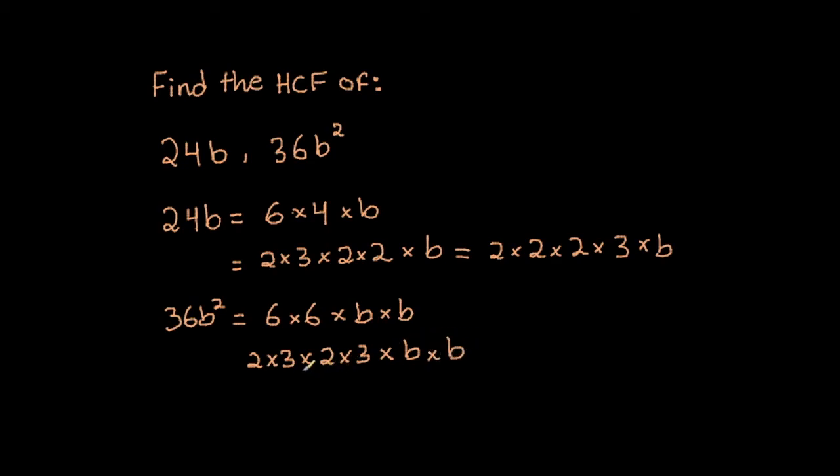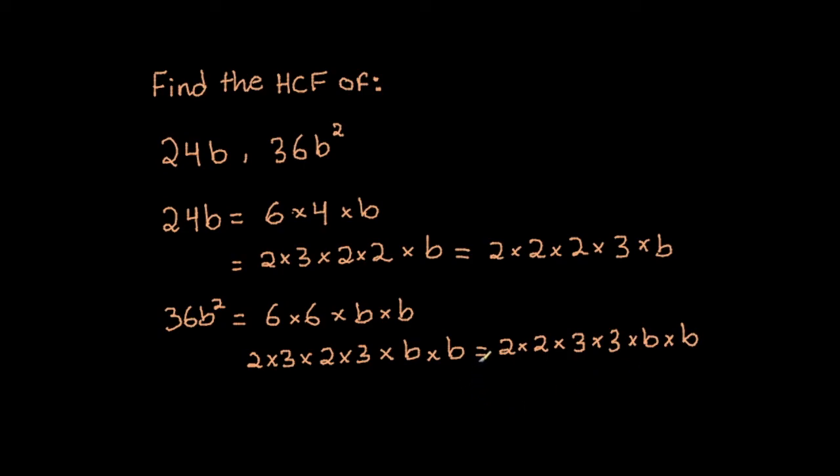Now I'm going to keep the 2's together and the 3's together. So this is equal to 2 times 2 times 3 times 3 times b times b.